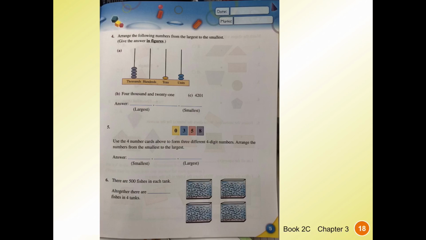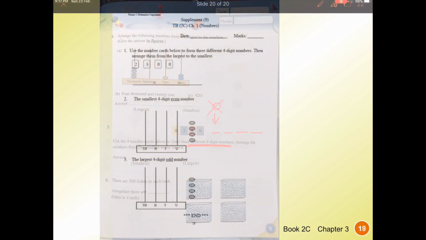For page 5, question number 5, once again, when you are asked to form 3 different 4-digit numbers, for the first digit, the thousands place, it cannot be a 0.